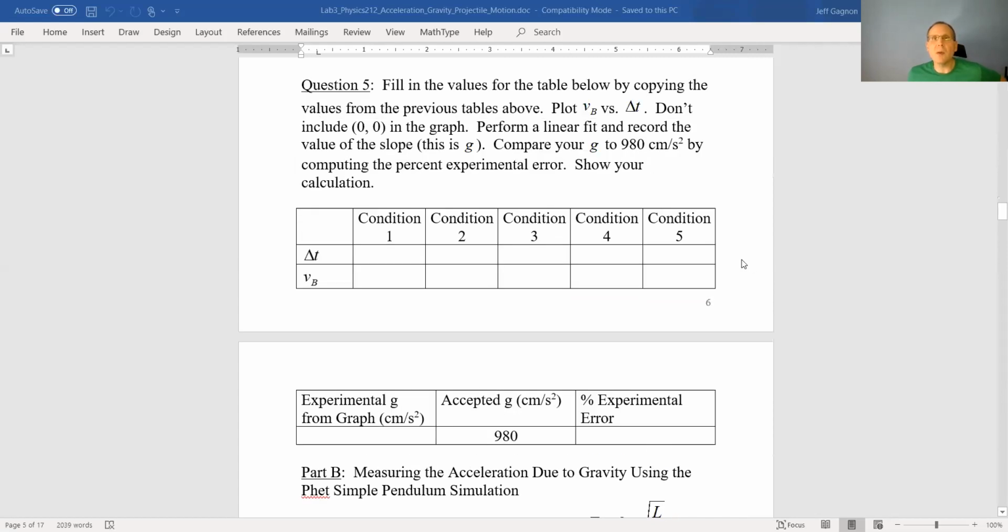And then you want to do a plot of VB versus delta T. Okay, so let me switch over to the iPad to show you what this ideally should look like. And I would say in this case, don't include 0, 0. In theory, you should, but it doesn't really matter. And I think it'll come out slightly better if you don't include 0, 0. So plot VB versus delta T, but don't include 0, 0. So let me show you that.